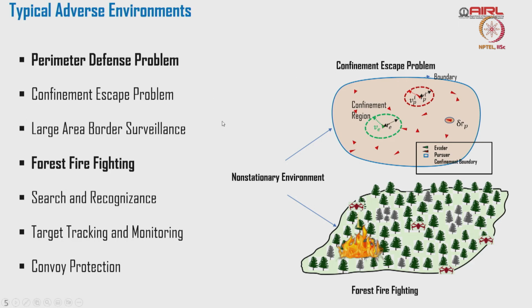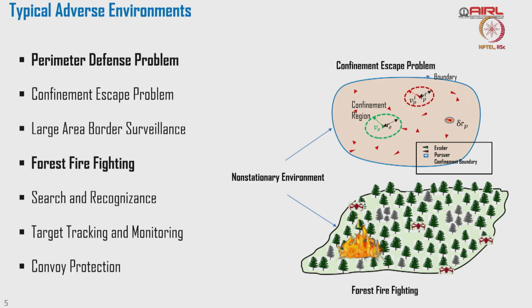Large area border surveillance, search and rescue missions, right. When there is a natural calamity, you need to detect the survivors and rescue them, or deliver a certain package to them. You don't know where they are. You have a rough idea potentially where they could be, but the exact location is unknown.